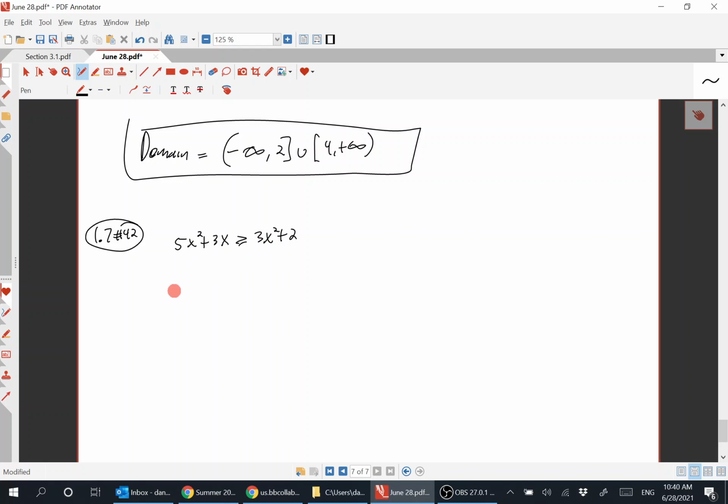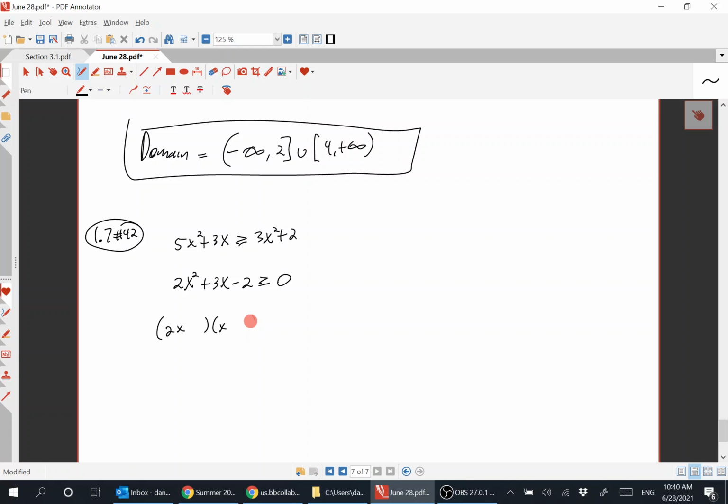So 5x squared minus 3x squared is 2x squared, plus 3x, and then bring over -2. Everything is to the left, and we've changed the inequality to have a 0 on one side. Because you're going to need to factor this and then check where it's positive and where it's negative.